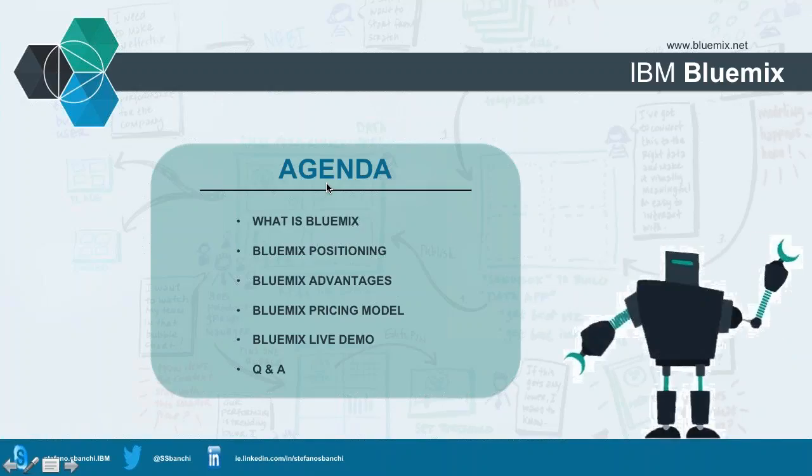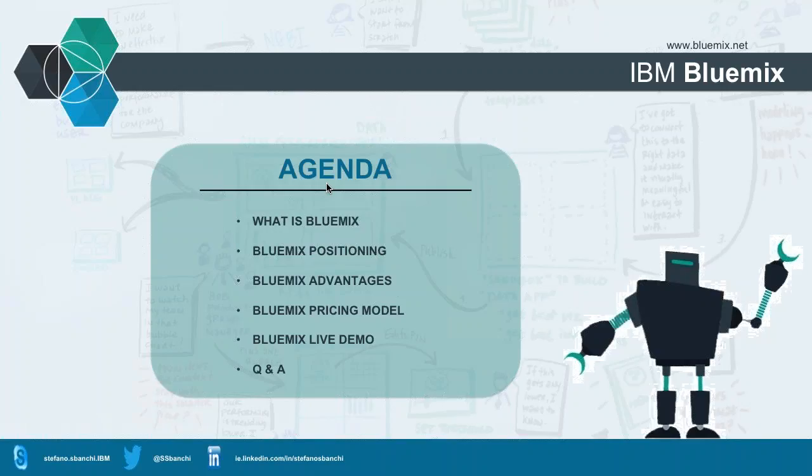So the agenda of today, I will give you an intro on what Bluemix is. I will explain what Bluemix is, and an overview of the catalog and the architecture of Bluemix. Then I will show you the advantages and the pricing model of the Bluemix platform. Furthermore, we will take a tour to the Bluemix web user console using the web user interface of Bluemix.